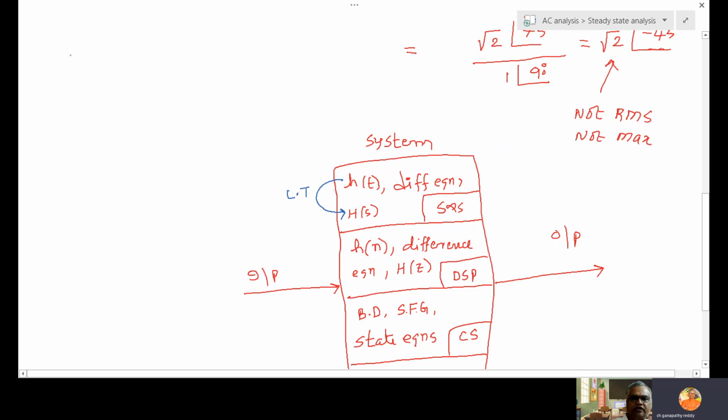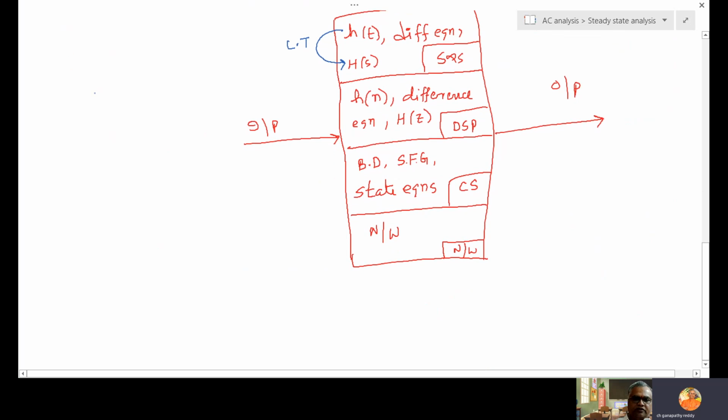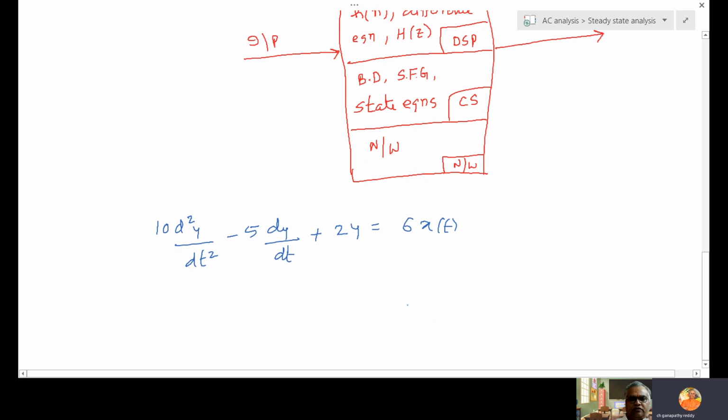A differential equation can be like 10 d square y by dt square minus 5 dy by dt plus 2y is equal to some 6x of t. X of t is the input, y of t is the output.